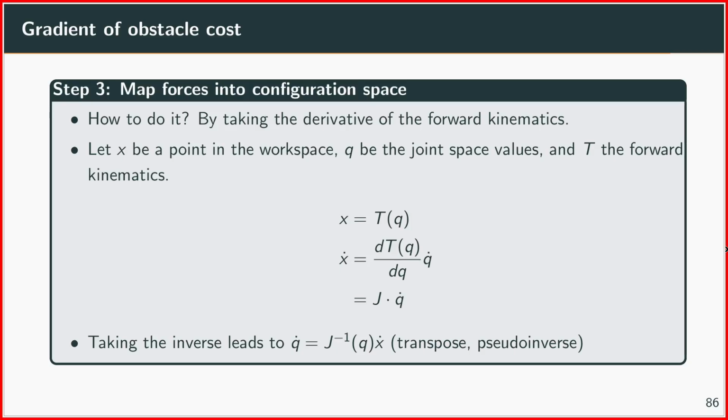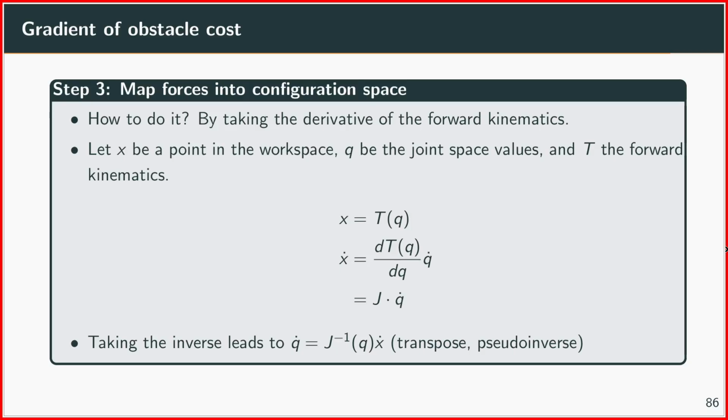It's very simple. You just take the derivative of the forward kinematics. If you have already had a robotics course, you might remember those formulas. Let's say that we have x, which is a point in the workspace on the robot, q is our current joint space values, and T is our forward kinematics.